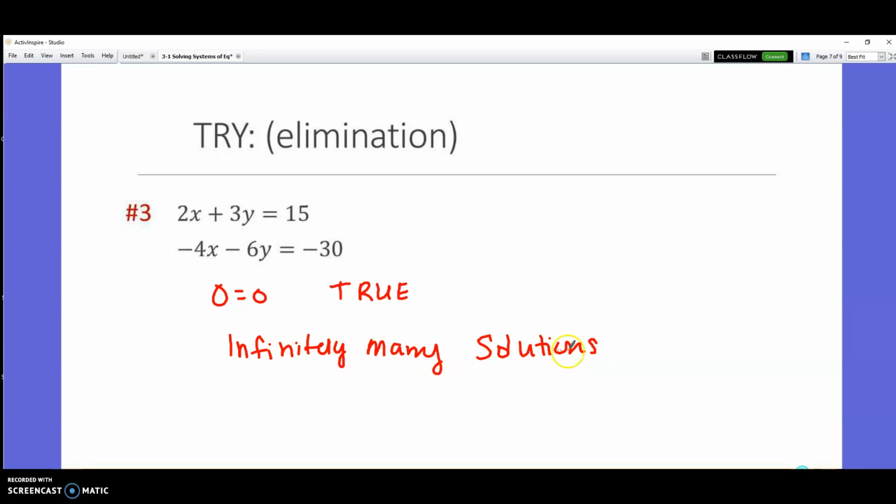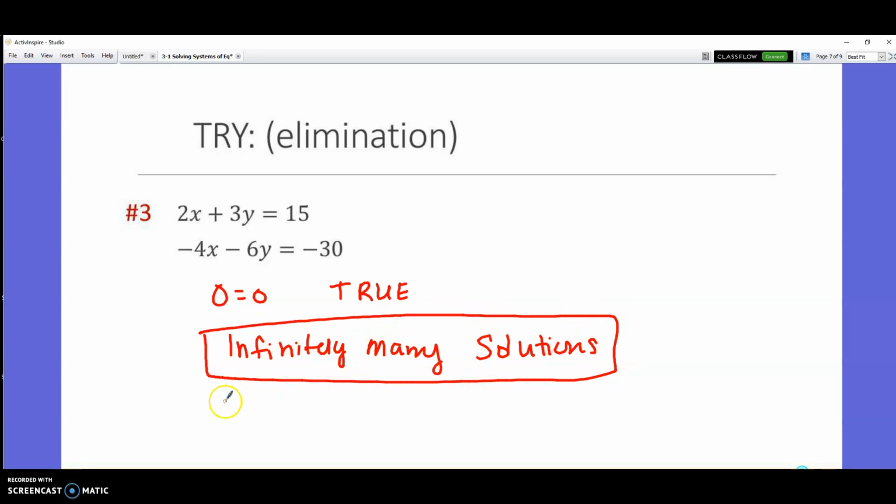And if that is your answer, then it is consistent and independent. Dependent. So it's consistent and dependent for infinitely many solutions.